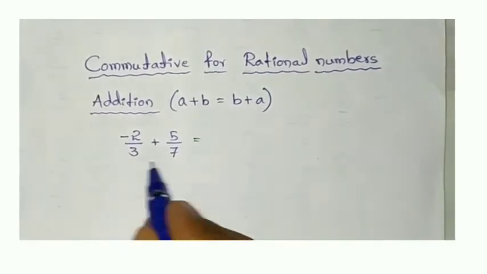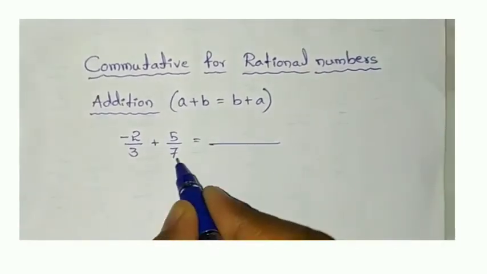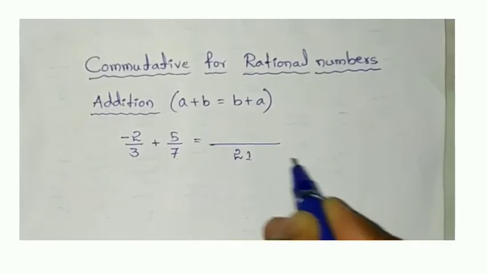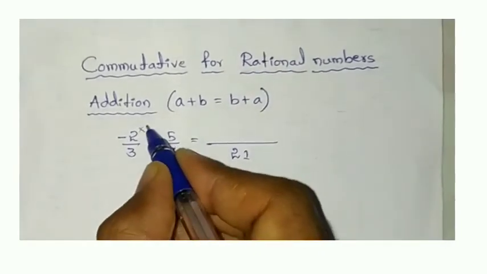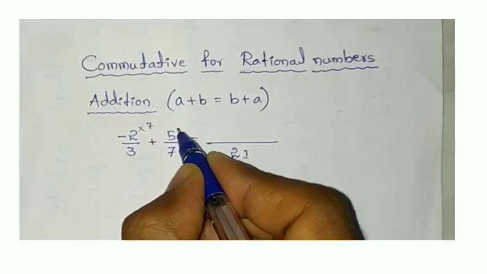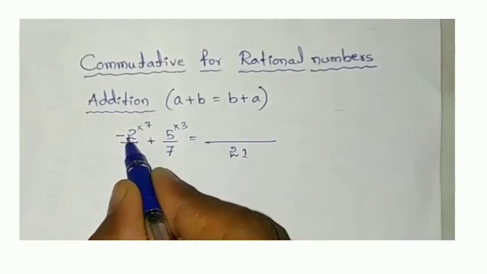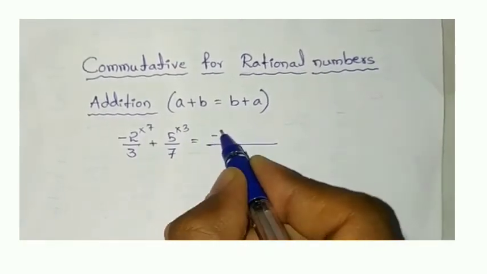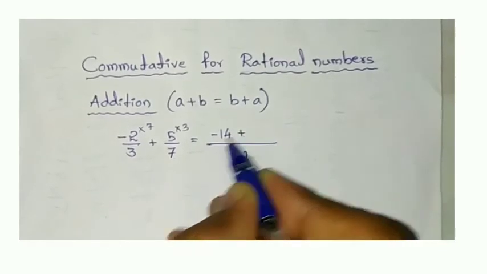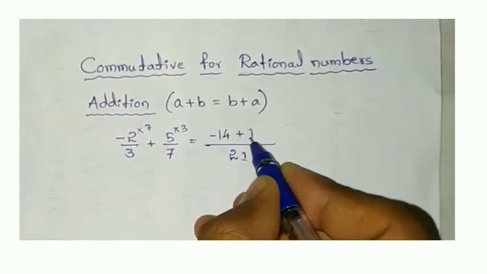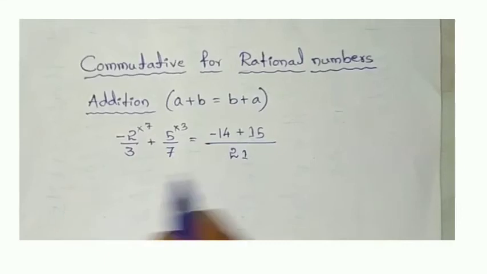Taking the LCM of 3 and 7, we get 21 as the LCM. Minus 2 into 7 will get minus 14, plus 5 3s are 15.